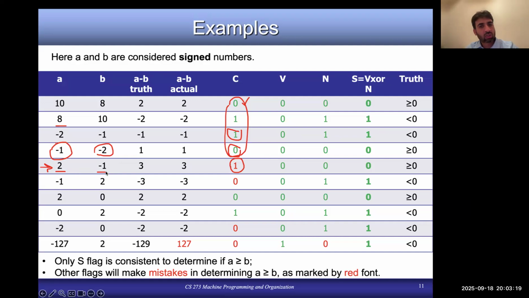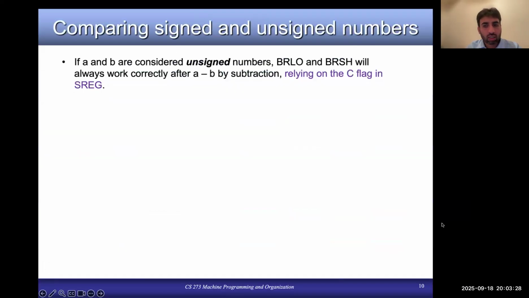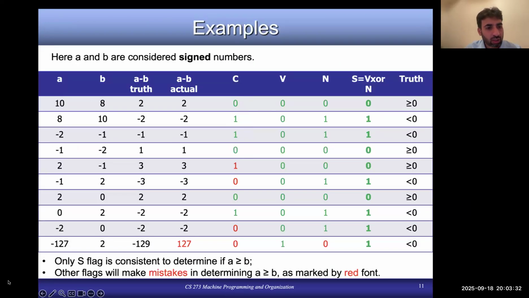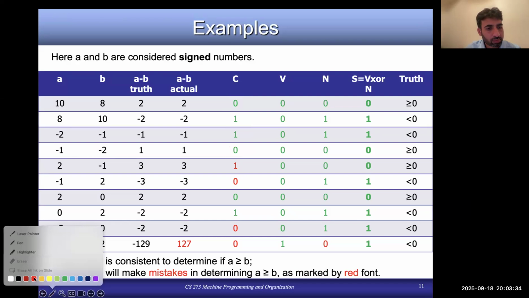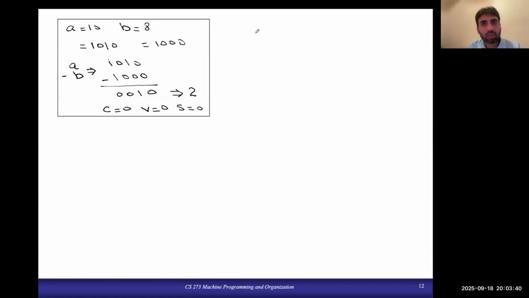So actually I have that example already. So where is that table again? Yeah, so we were at this point, right? Let me walk you through the example where we actually subtract 2 and -1.